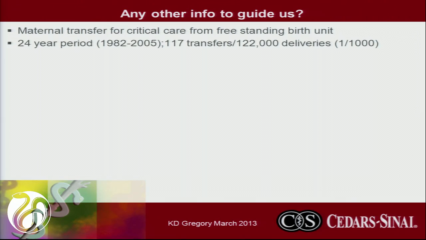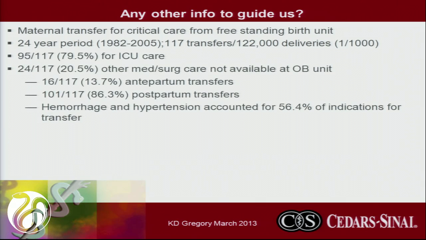And this is looking at a 24-year period, pretty concurrent times, 1982 to 2005, and found that there were 117 transfers out of 122,000 deliveries, which is approximately 1 per 1,000. 79% of these women were transferred for ICU care, and 20% were for medical or surgical care that's not available at the OB unit. 13% were antepartum transfers, and 86% were postpartum transfers. And again, hemorrhage and hypertension accounted for 56% of indications for transfer.